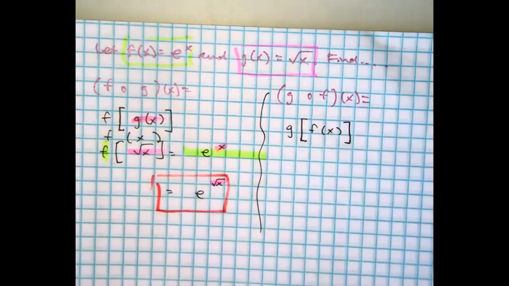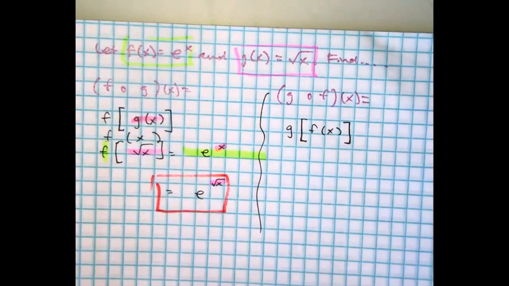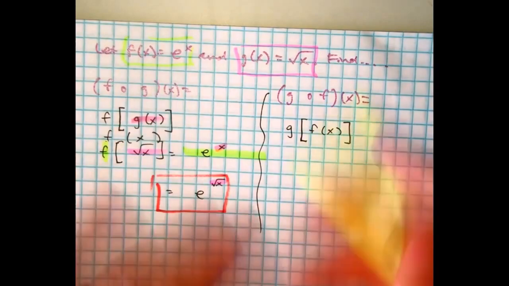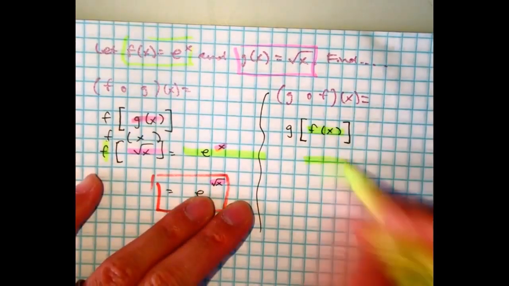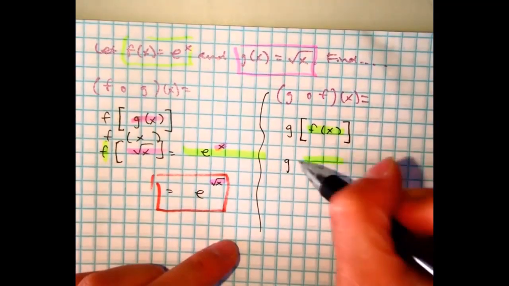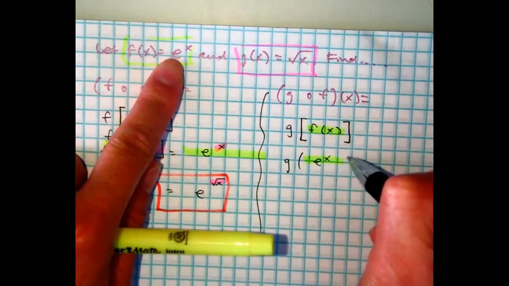Okay? So, f of x is yellow. So in the function of g, every x value we're going to put in what? E to the x power.